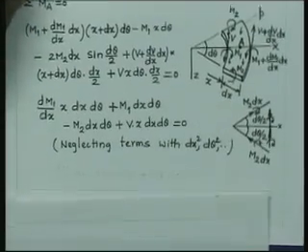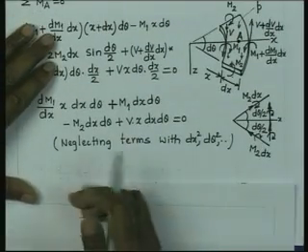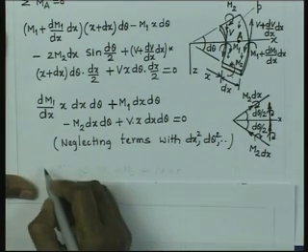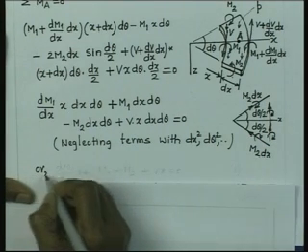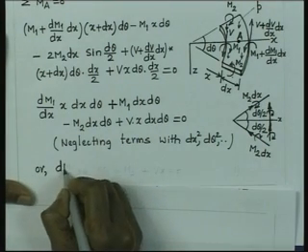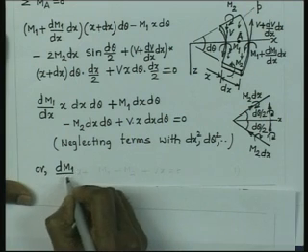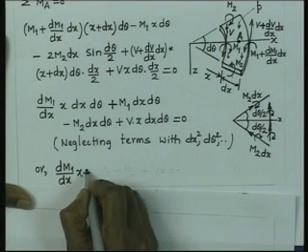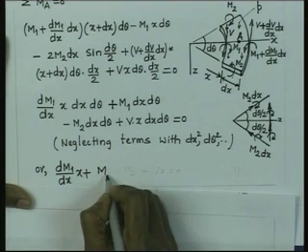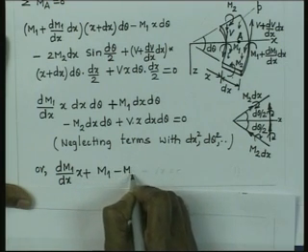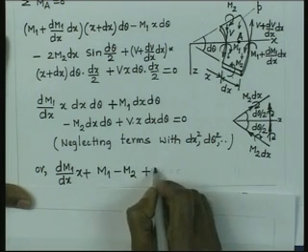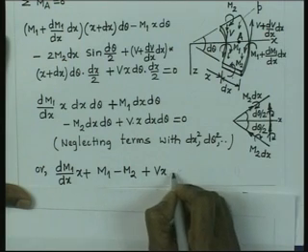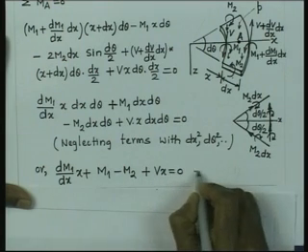So, finally, if we do the cancellation of dx d theta which is common, then we have dm1 dx x plus m1 minus m2 plus Vx is equal to 0.